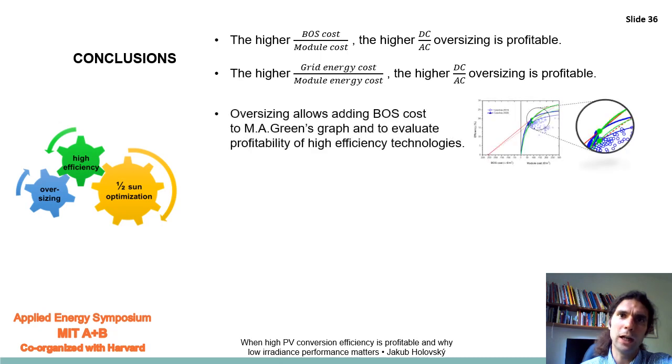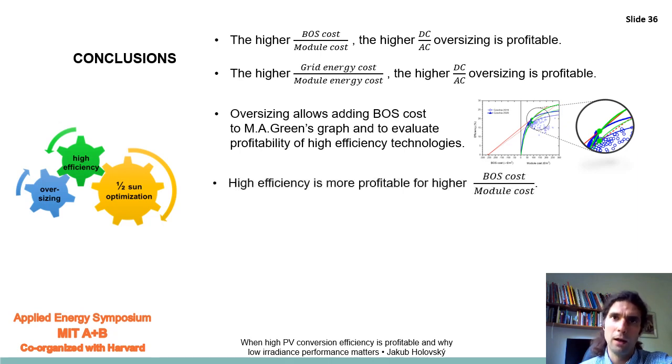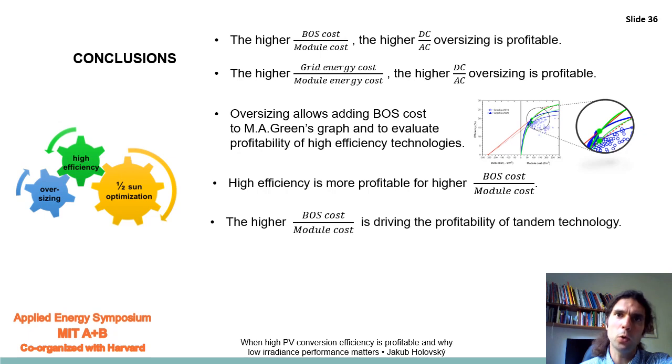Oversizing allows adding BOS cost to Martin Green's graph and to evaluate profitability of high efficiency technologies. High efficiency is more profitable for higher BOS over module cost. And the higher BOS over module cost is driving the profitability also for tandem technology.